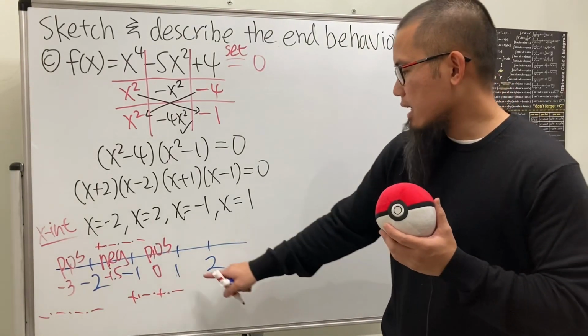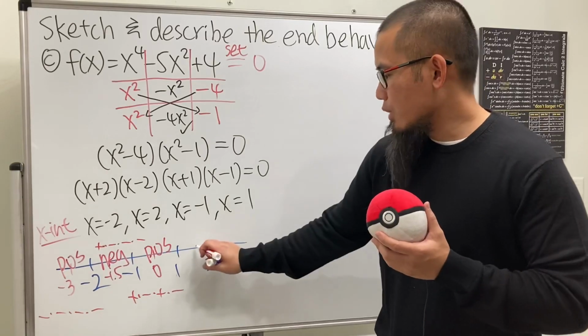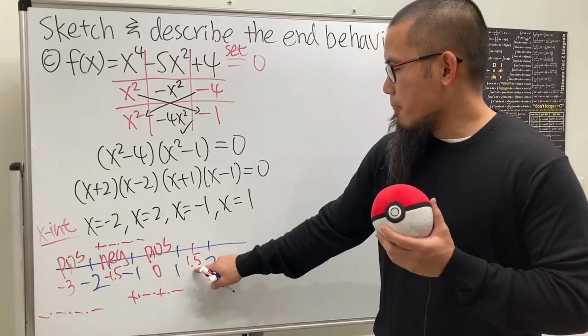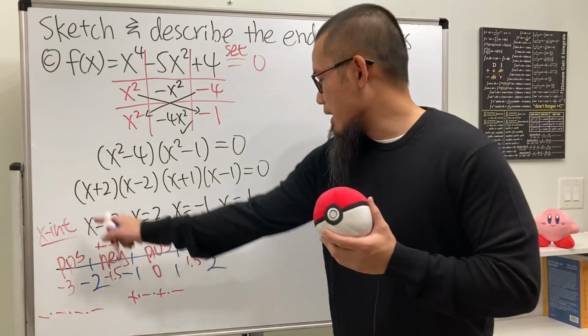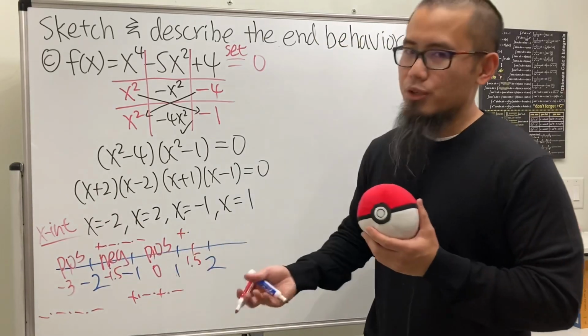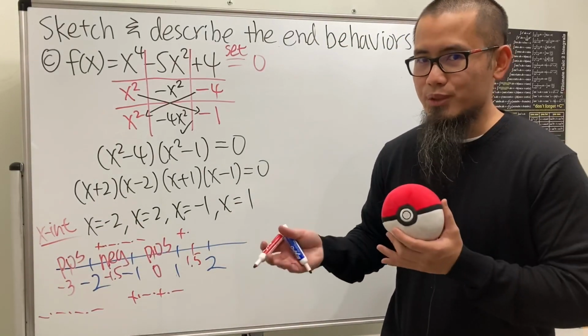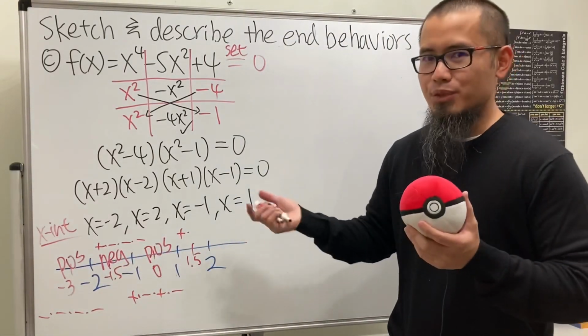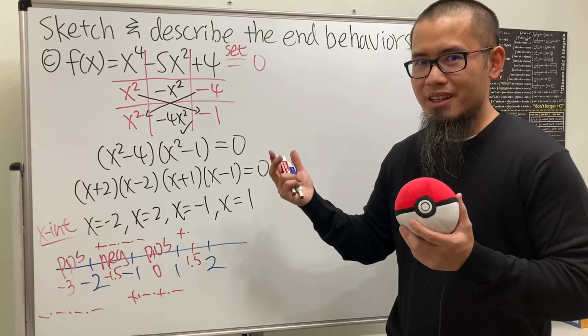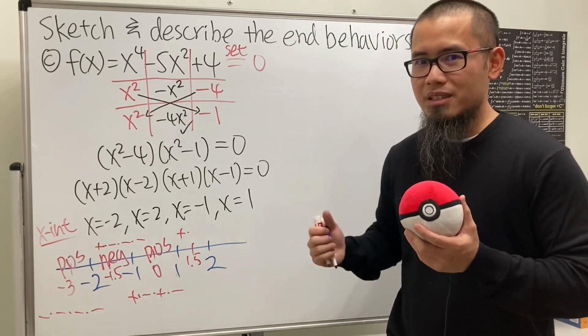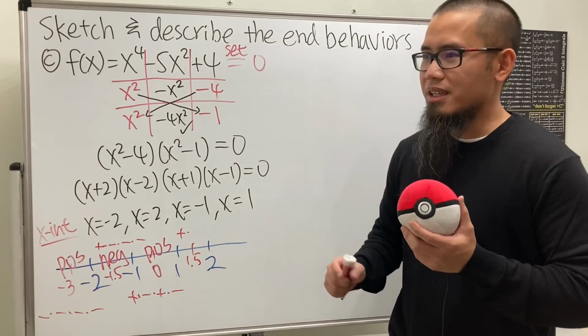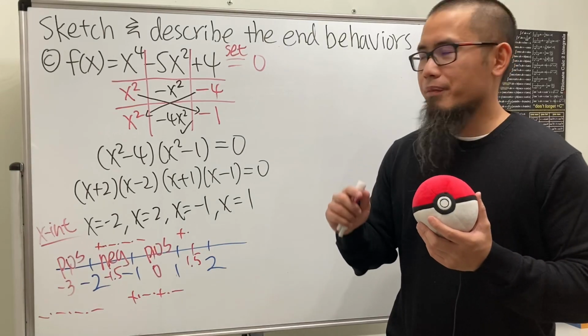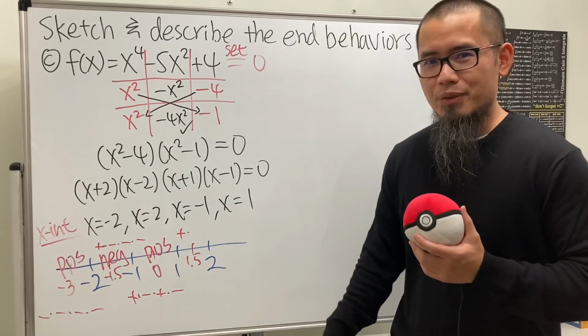Okay, cool. And then last one, 2 more. Let's say 1.5. And when we do that, we get positive, and by the way, it's just a good habit if you check all the intervals. Do not assume the signs will alternate, because if you look at the first one, part A, it was positive, positive, negative, right? So be really careful. The sign didn't change for the first two intervals.